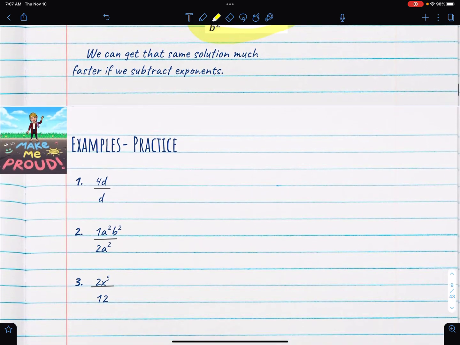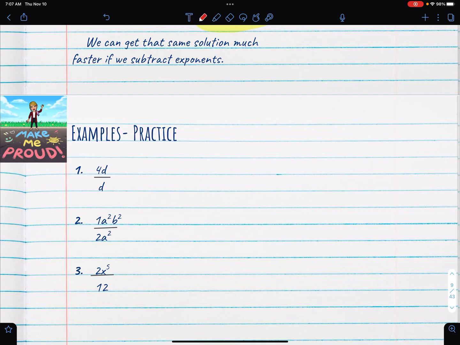Okay, I'm going to look at these. Now notice there's a D1 and a D1, so they cancel. So 4D to the 1 minus 1, well, that's D to the 0 power. So that equals 4. Now this one, I have to look at my common things. Those two would cancel because 2 minus 2 is 0, but I'm going to go ahead and write it out.